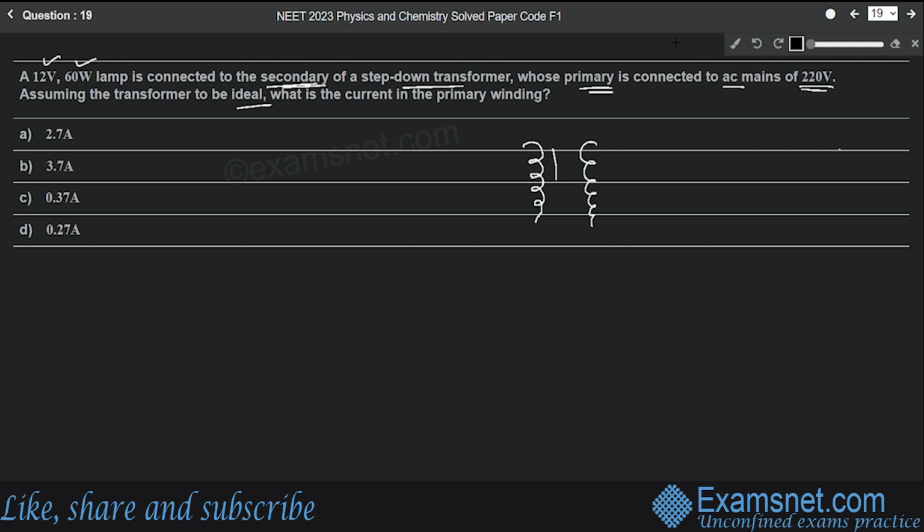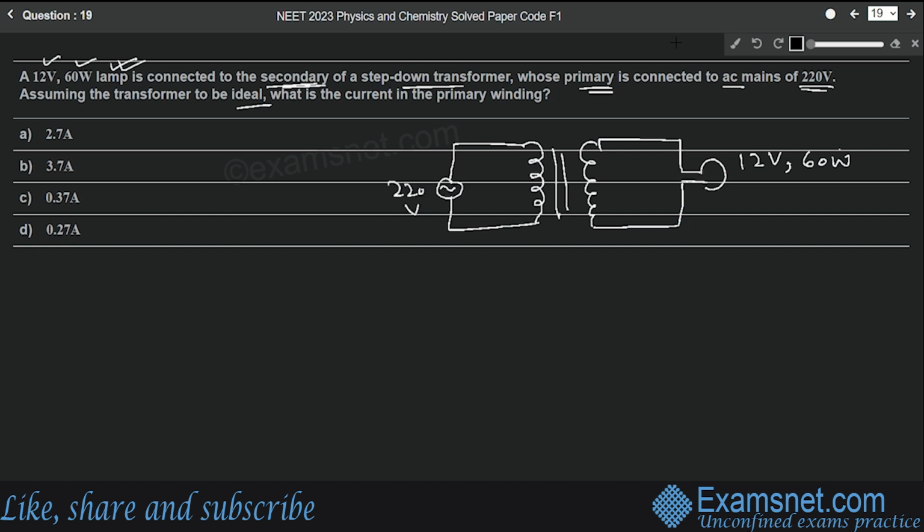It is given that a lamp is connected to the secondary winding. This is the lamp. Okay, the voltage is 12 volt and the power is 60 watt, right? And the primary is connected to AC mains of 220 volt.